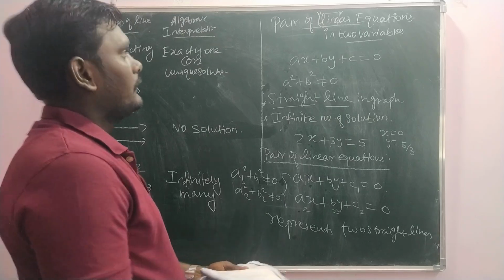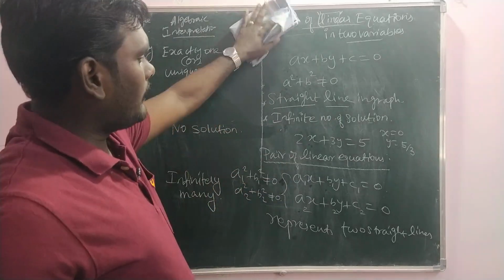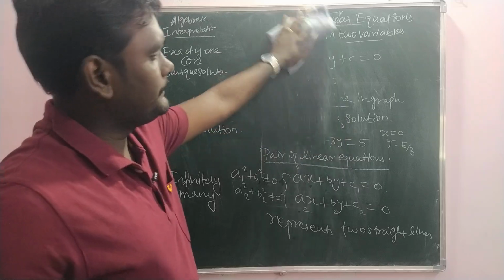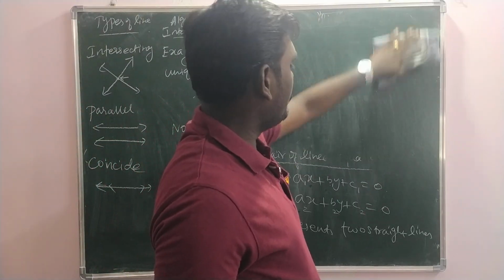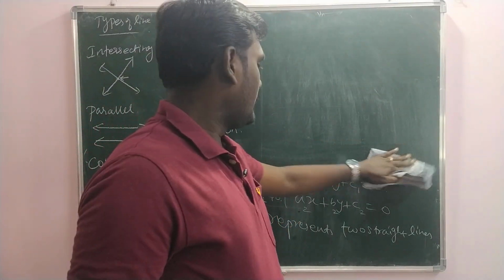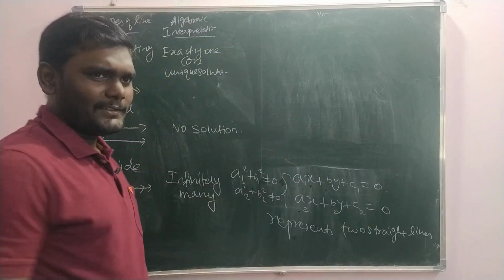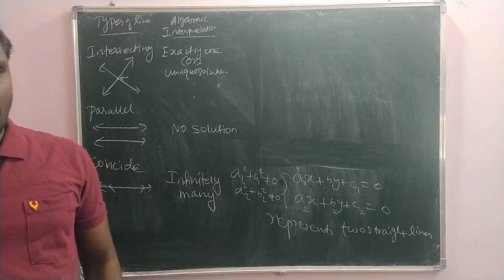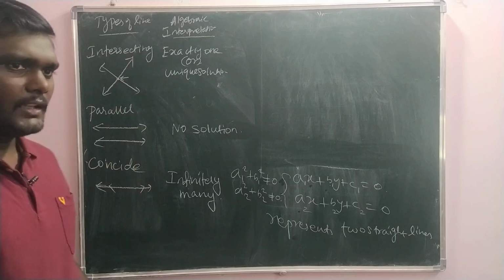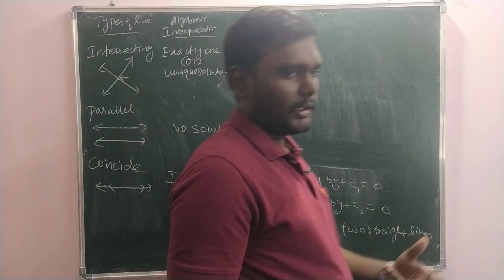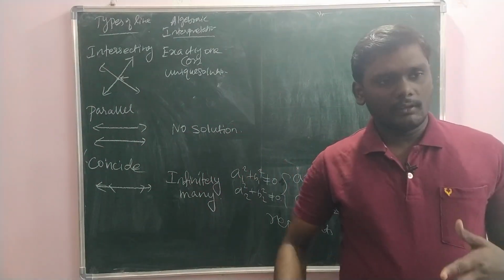Now we know what a pair of linear equations is and what kind of solutions it may have. We should always draw the graph to figure out what kind of lines they are. How to draw the graph and how to find a solution, we'll see further on.